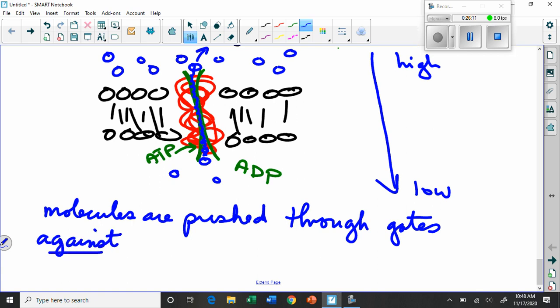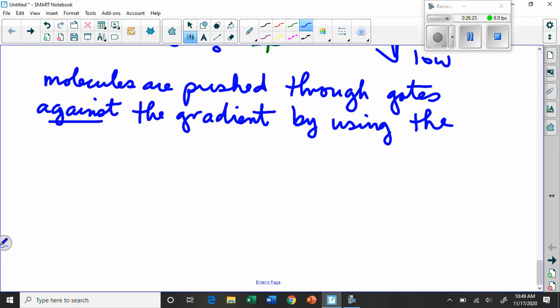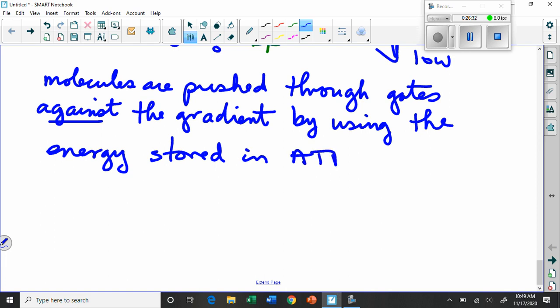They're rolling uphill against the gradient by using the energy stored in ATP molecules. Transferring of that phosphate allows the energy to be moved from one place to another.